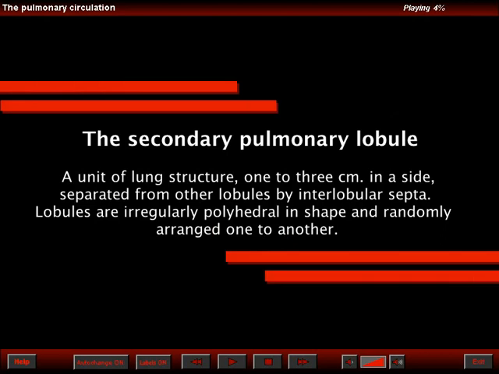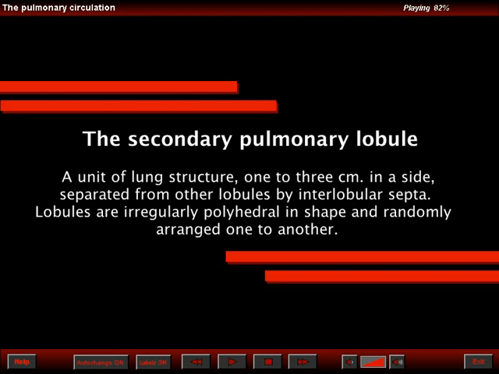The smallest anatomical units that can be radiographically visualized are the acini and the secondary pulmonary lobule of the lung. The latter is a unit of lung structure 1 to 3 centimeters in diameter, separated from other lobules by interlobular septa.